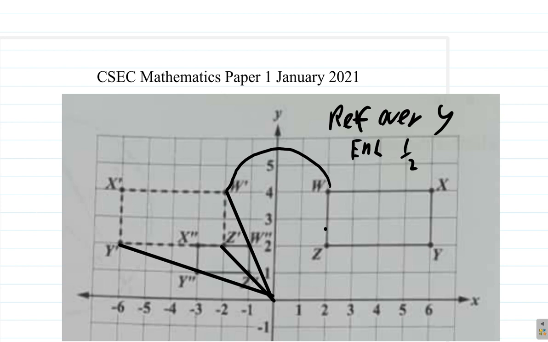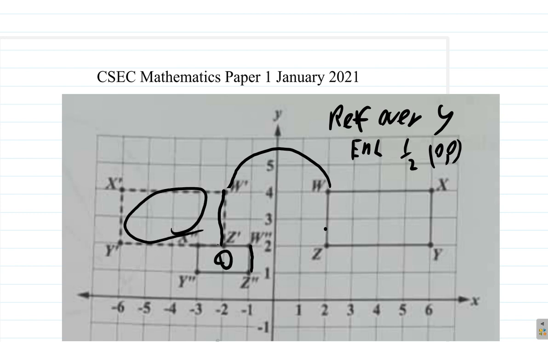Because you notice, when you look here, and the center of enlargement is the origin, 0, 0. When you look from Z prime to Z double prime, and then you compare from Z double prime to W double prime, it is half. So you half this to get this. So the scale factor of the enlargement is half.